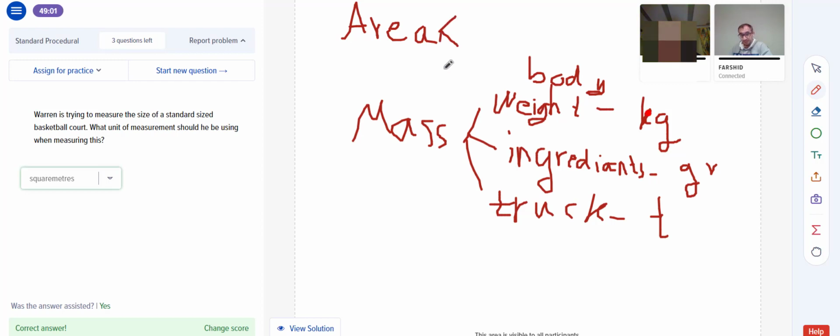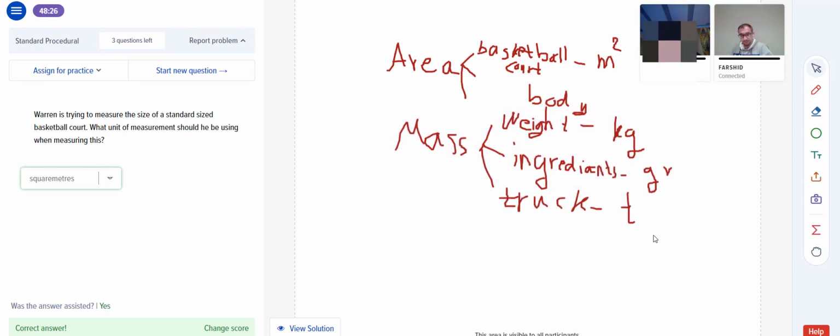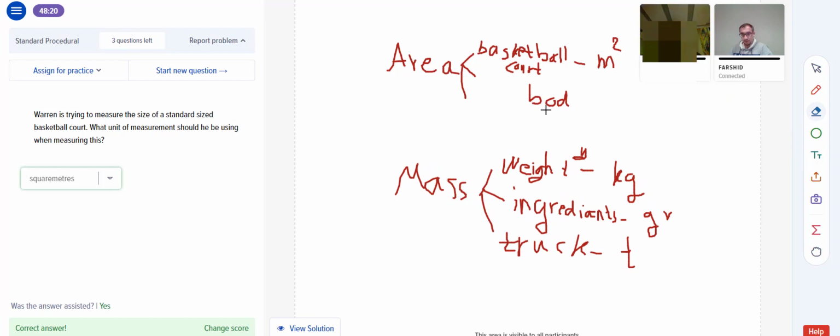Area is also the same. So when you are going to measure the area of a basketball court, of course you use square meters.